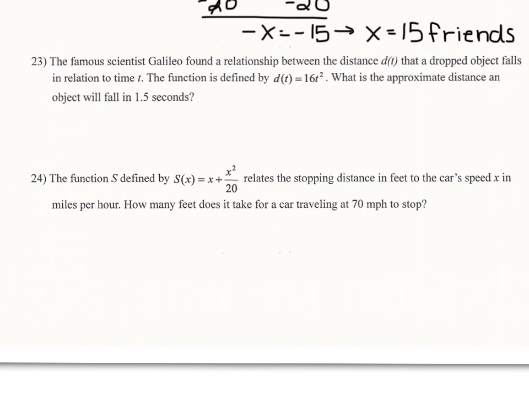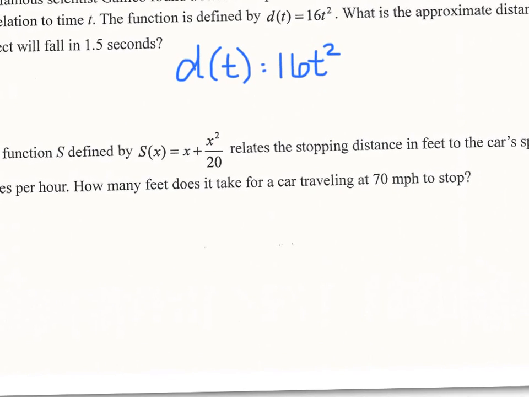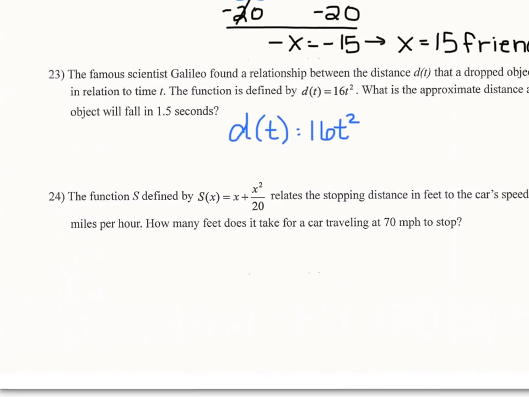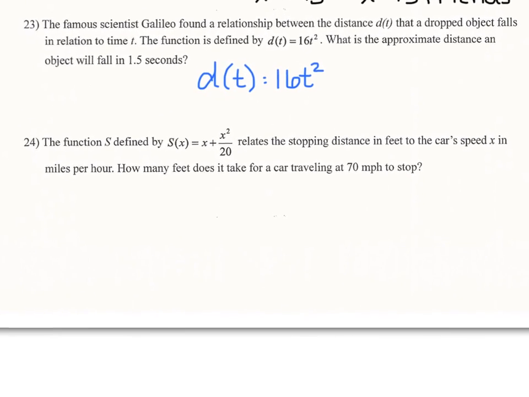So we have this formula, d of t equals 16t squared. And I know from reading the problem that the d represents distance, and right here it says t represents time.